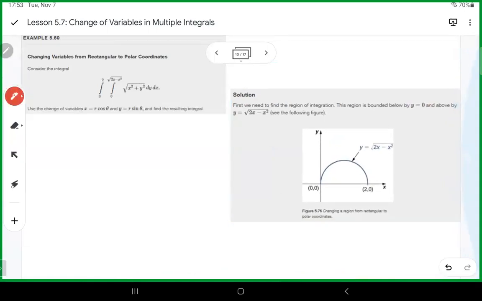Okay. All right, so it says changing variables from rectangular to polar coordinates, consider the integral, and then use the change of variables and the resulting integral. So it does give you the answer there. Squaring and collecting the terms, we would find the region is the upper half of a circle.